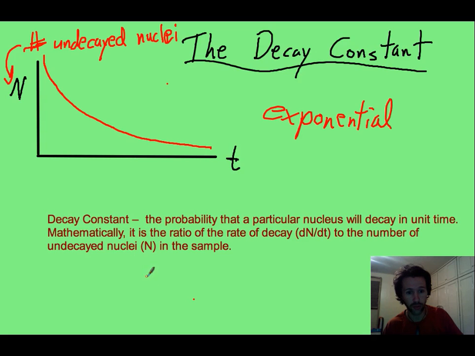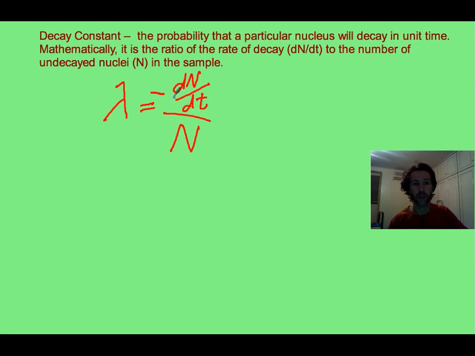Also, you should be well aware that the decay constant gets the symbol lambda, same as what you would use for wavelength. So here's our definition again.